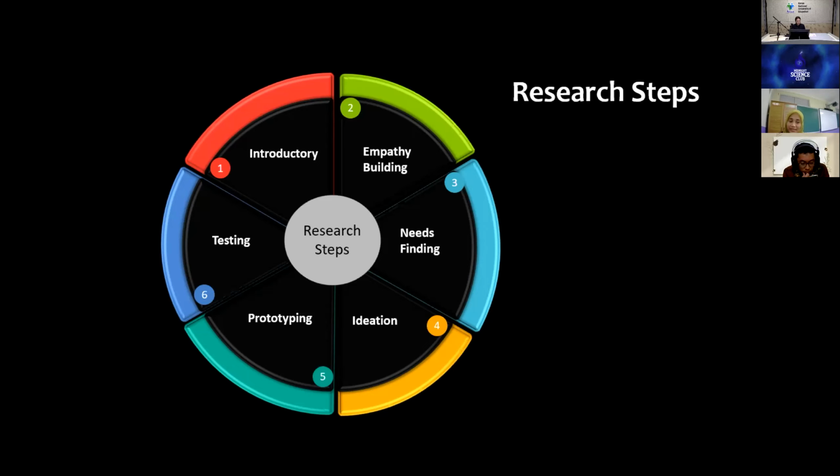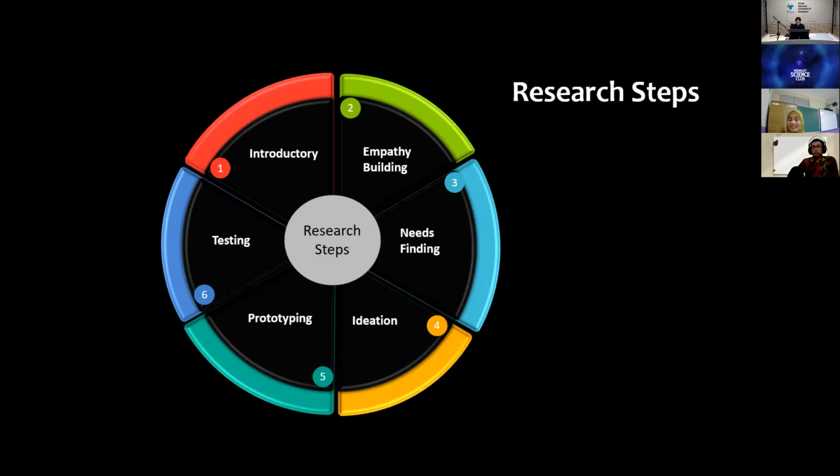Then need finding: the students discuss the core ideas about resilient human settlement in Aceh specifically. Next is ideation, where students discuss the design concept of a resilient house that will be suitable for the Aceh context based on their ideas. Then prototyping, where students create a house using the 4D frame based on the design they made. And lastly, testing, where students present their work in front of the teacher and also the architect.